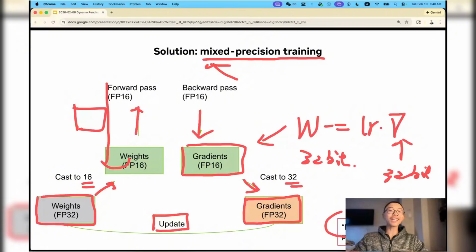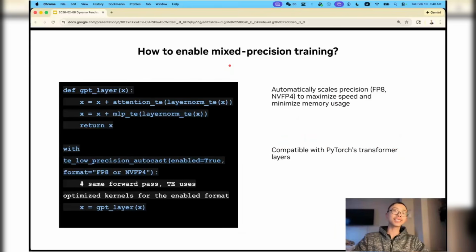You might wonder, how can I get started with mixed precision training? How to program the Tensor Cores? The good news is there is a library that does all the hard work for you. It is called Transformer Engine, where you define the attention layers in Transformer Engine. You don't need to write low-level CUDA or C++.